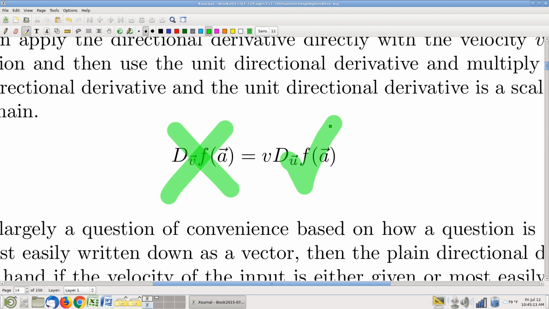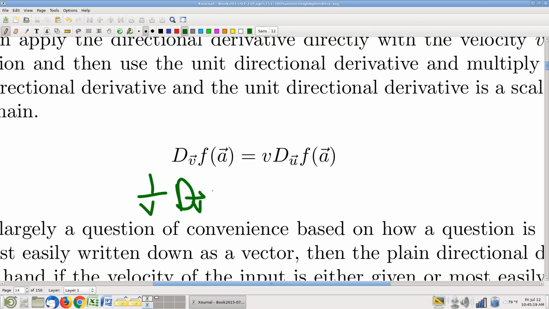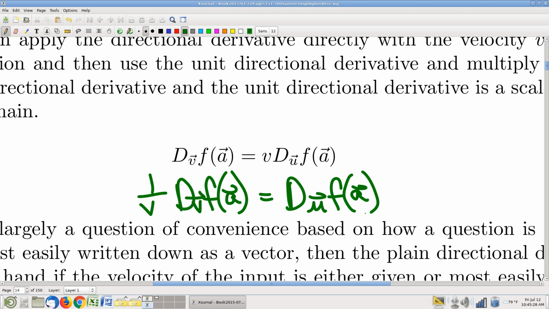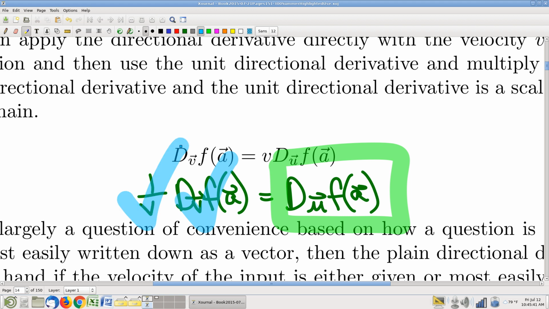Then there's a variation of that where you can instead say 1 over v times the directional derivative is the unit directional derivative. Sometimes what you actually want is this thing, but it may be easier to compute the directional derivative. In which case, it's easy to then subsequently divide by the velocity to get the unit directional derivative you actually want.